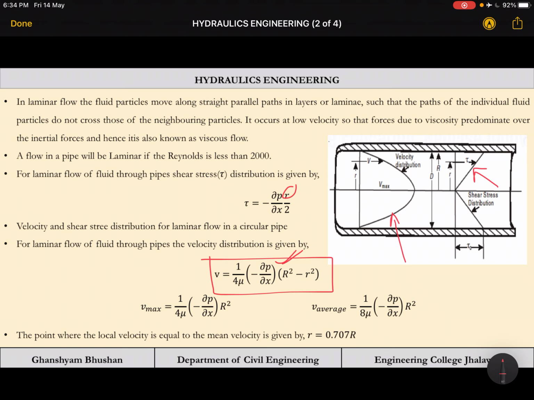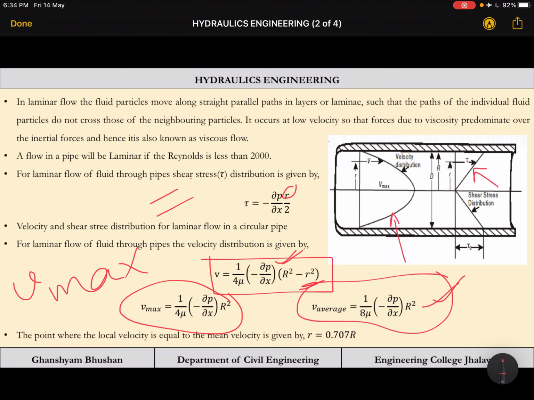If you put r equal to 0, you will get the maximum velocity, like this. And for the average velocity, you divide the whole Q by the area, and you will get this velocity. You can see V max is 2 times V average.